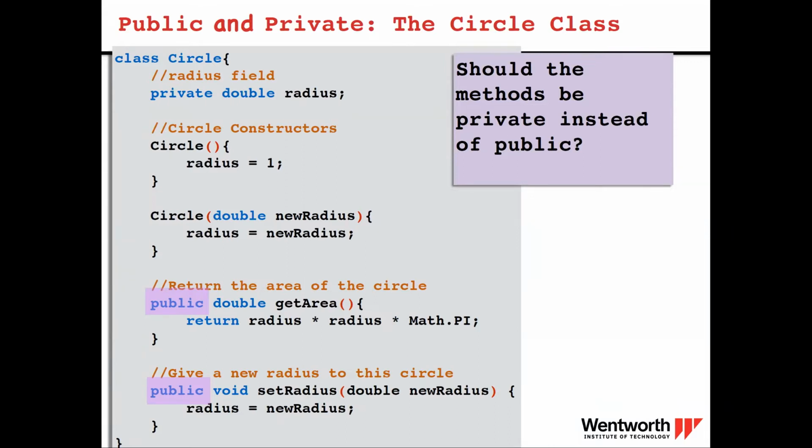If I can't access the radius directly, I can still indirectly access the radius by computing the area. So again, oftentimes your methods will be public. They will be the things that are shown to the outside. Just like the computer example, the power button is the public method. All of the data related to how the computer actually turns on and potentially some of the methods might be private. So all we have to worry about is calling a method on and the computer turns on.